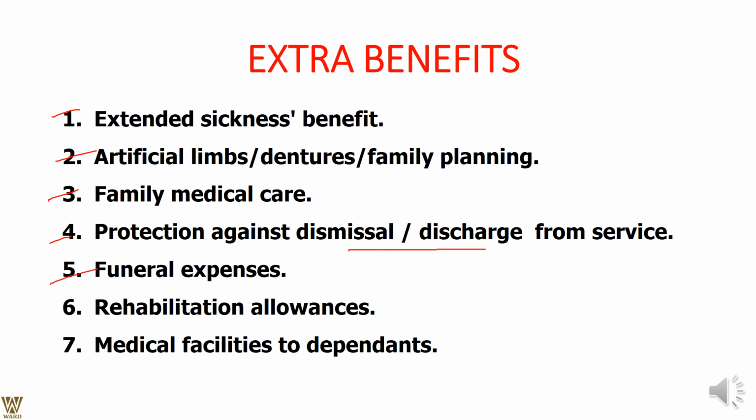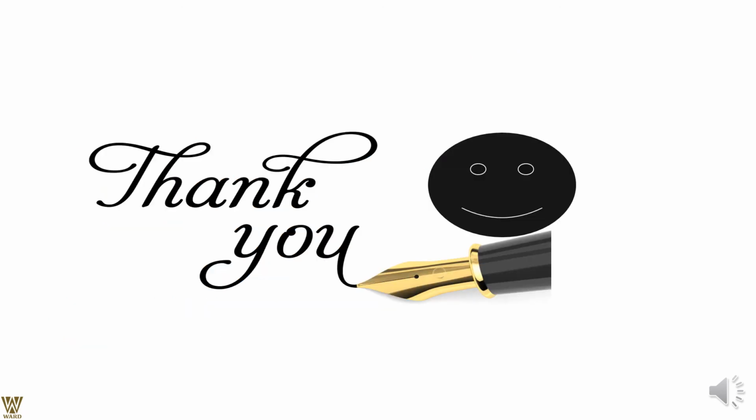Then come the rehabilitation allowances in cases of permanent disability. How does it work with medical facilities to the dependents? Apart from the worker, apart from the employees, apart from the staff of the organization, does his or her family get covered here? With this I come to an end of this wonderful presentation.